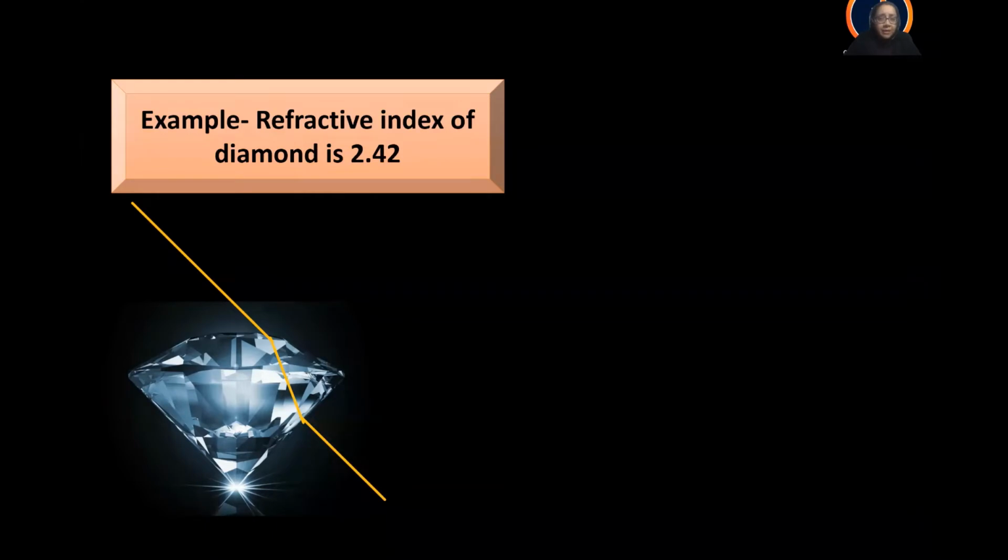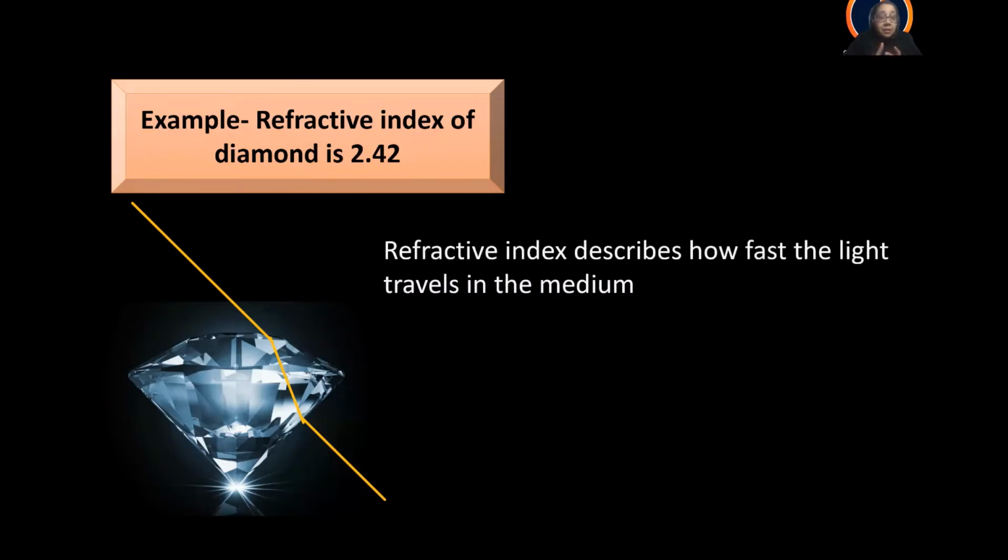So we know that the refractive index describes how fast the light travels in the medium. Based on the formula just learned, the refractive index will be equal to the speed of light in vacuum divided by the speed of light in this particular medium. Now n is given as 2.42.